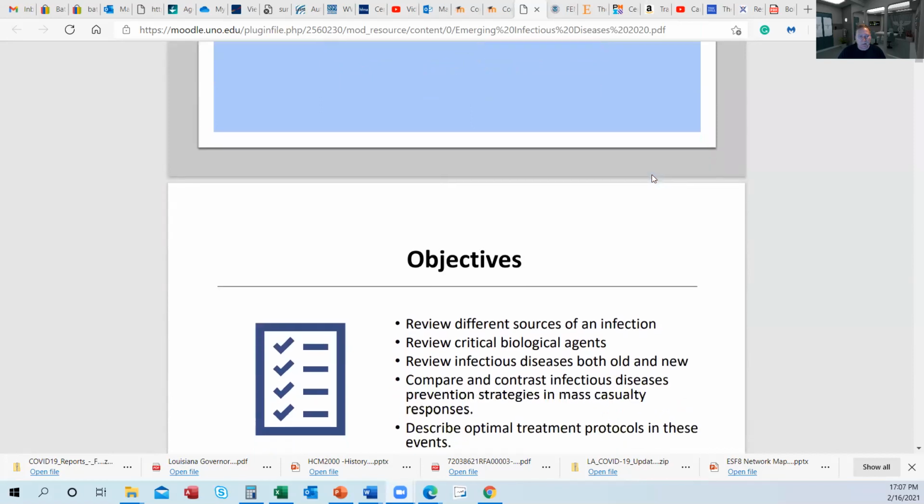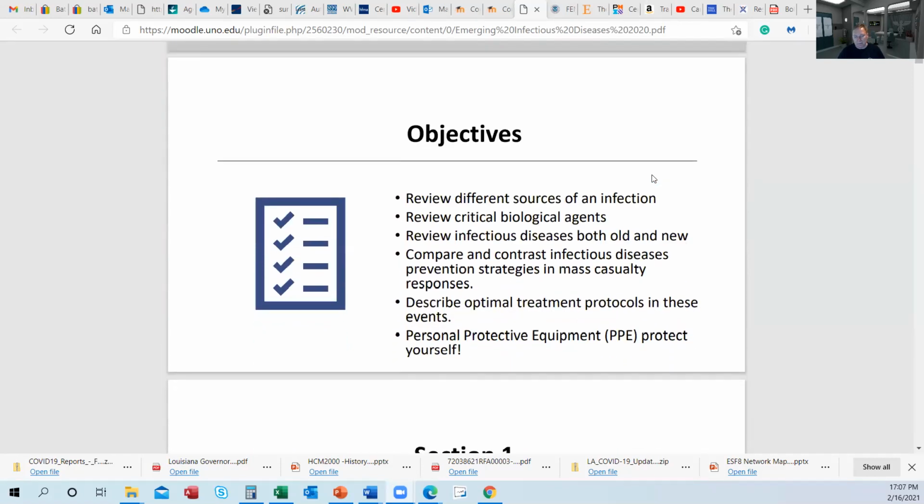The whole point was to take an overview and look at infectious disease both as a naturally occurring event, as well as how infectious diseases have been weaponized and can become biological agents and lead to some type of catastrophic event, and what are things that we need to look for.